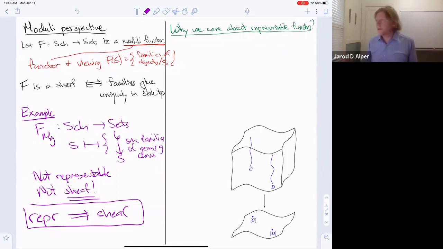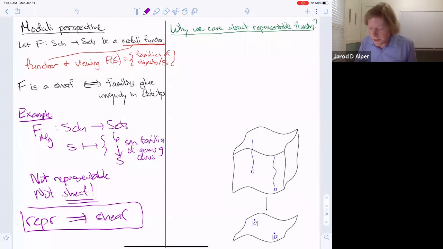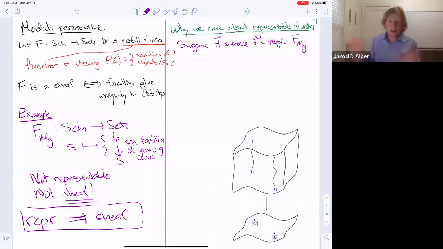do we care about representable functors? Let's just suppose, for this discussion, that there exists some scheme M representing this functor F and G. We know there doesn't, but let's just suppose, in this hypothetical world, parallel universe, that it does exist, and let's try to say what does it give us?